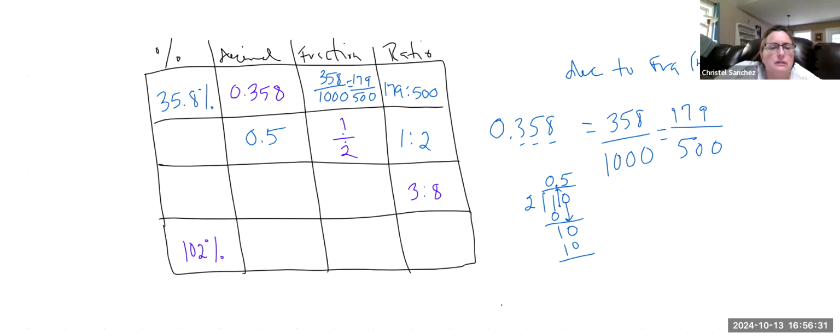Okay, I'm sorry. I'm drawing a blank. Okay, so decimal to percentage is 2 places to the right. So I'm going to take that decimal and go 1, 2, and I'm going to put a 0 right there. So it's going to be 50%.